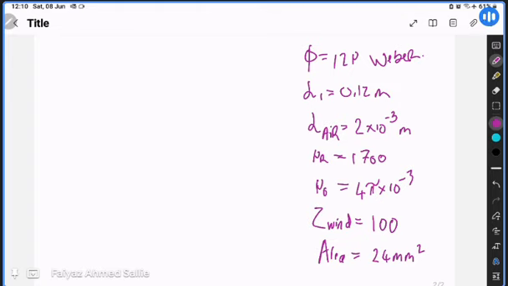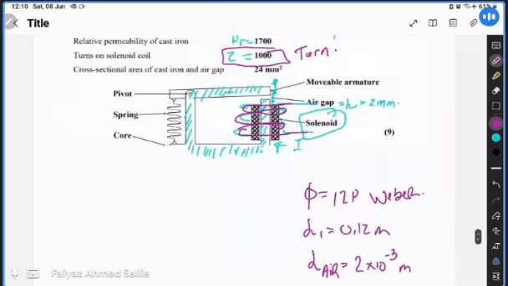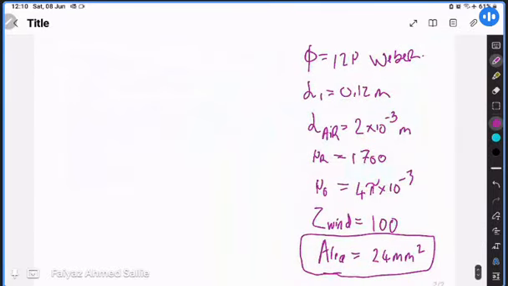Is there anyone that knows how to convert millimeters squared to meters squared? Anyone in the group chat? Because I think this is very important in applied strength, in thermal, in ELC, and a lot of people will get this wrong because normally they will give it in millimeters. If there's anyone that wants to help the students out on converting this, it will be great.